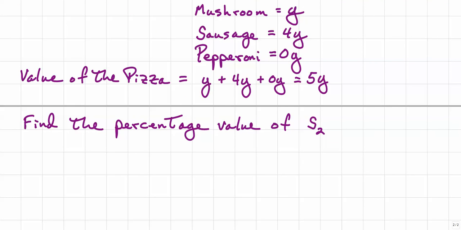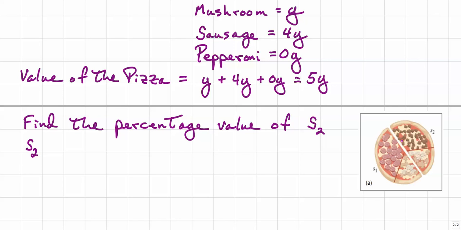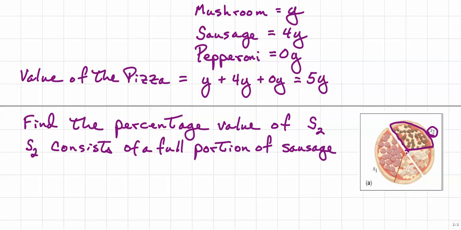Remember that side 2 consists of a full portion of sausage, so we'll write that down, and a half portion of mushroom, just like S1.